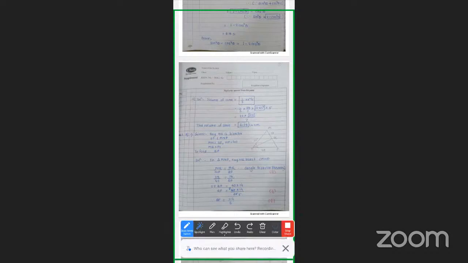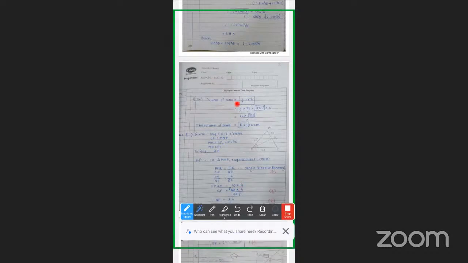So what is our third question? Find the volume of a cone if the radius of its base is 1.5 centimeter and its perpendicular height is 5 centimeter. So what is the volume of a cone? We know that the volume of the cone is 1/3 pi r square h. Then we have to put it in the box also.